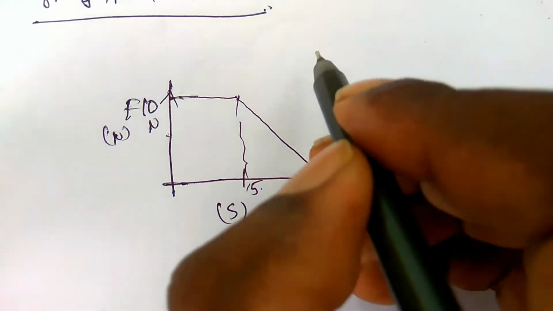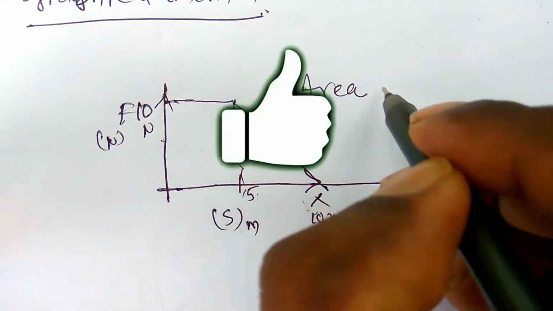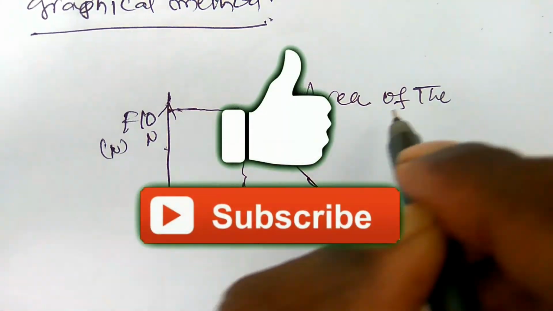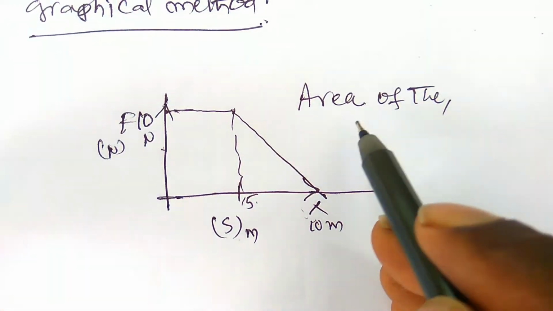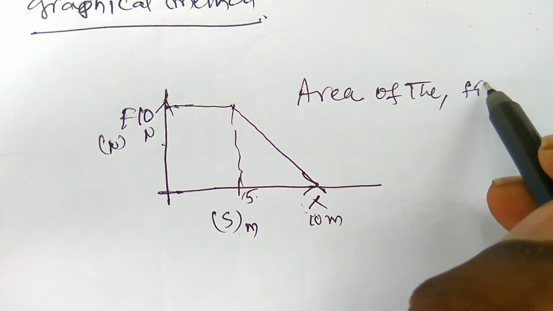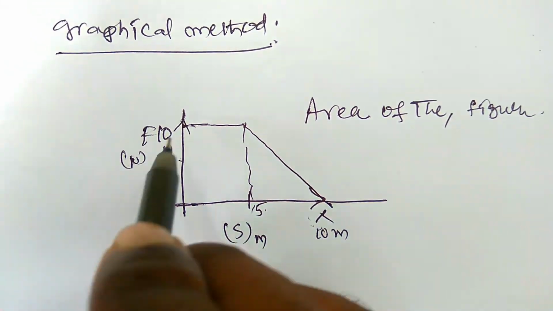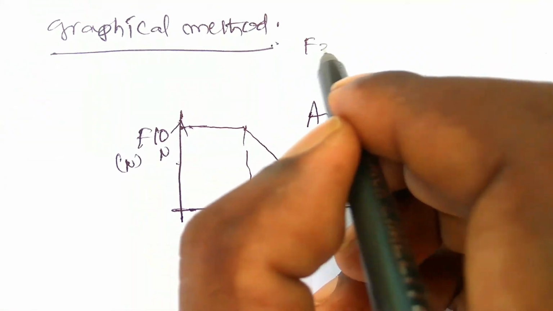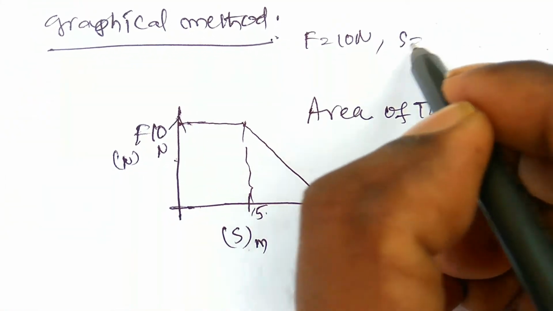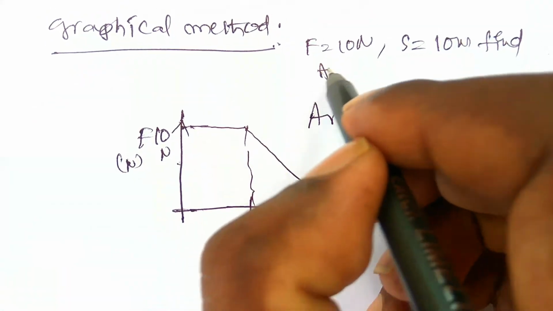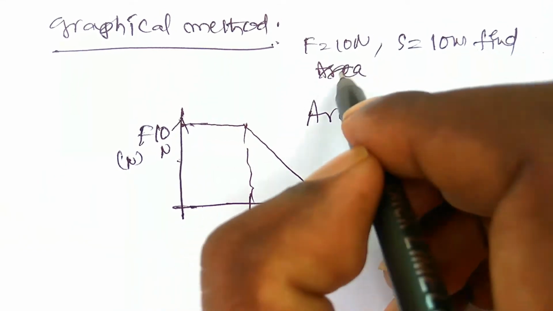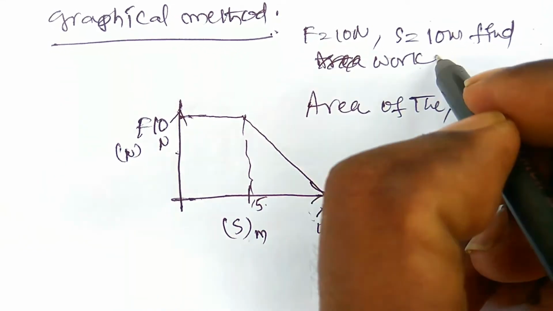Now we need the area of the figure. So find, if F is equal to 10 newtons and s is equal to 10 meters, the area or work done.